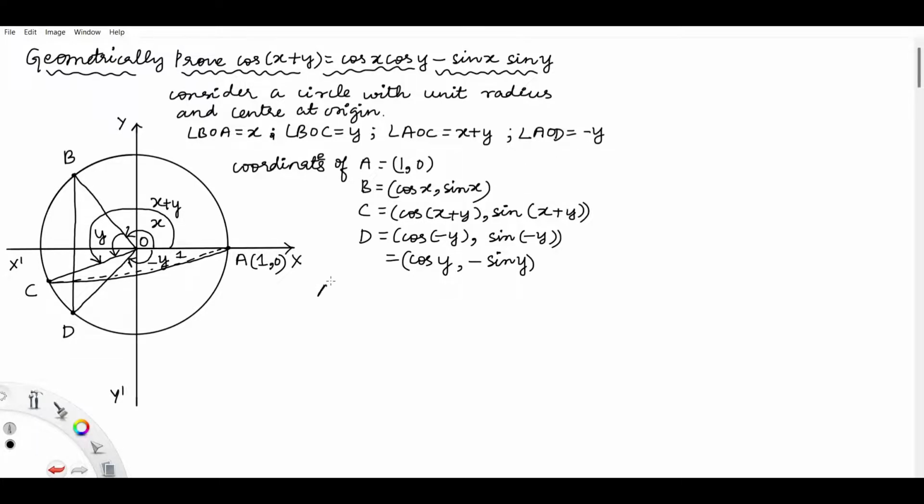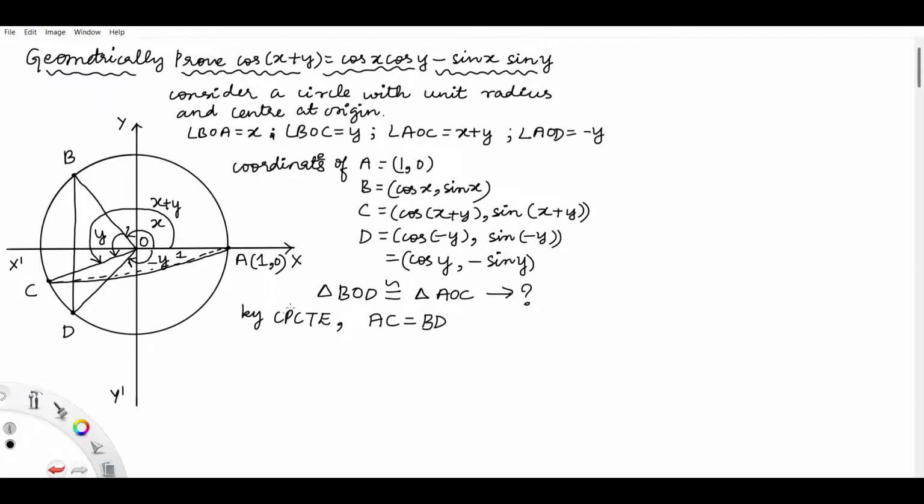If you observe carefully, triangle BOD and triangle AOC are going to be congruent. How? That you have to find out and let me know. So these two triangles are going to be congruent. We know that if two triangles are congruent, by CPCTE I can say AC is equal to BD.